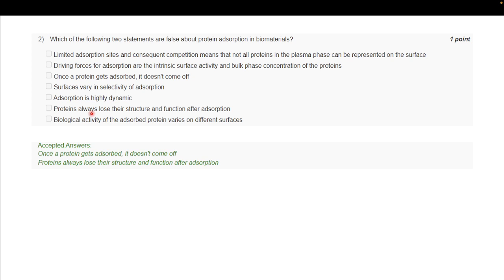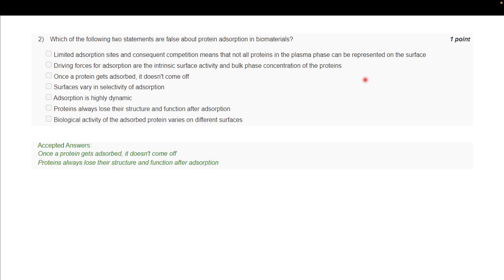We'll go through the options one by one. First is limited adsorption sites and consequent competition means that not all proteins in the plasma phase can be represented on the surface. This is actually correct, this is not false. Whenever you have a biomaterial that's implanted, it is going to have a very finite surface, and there are lots of proteins present in the human body, in the plasma.